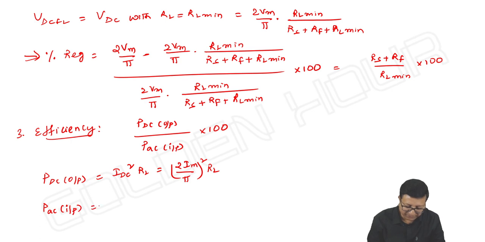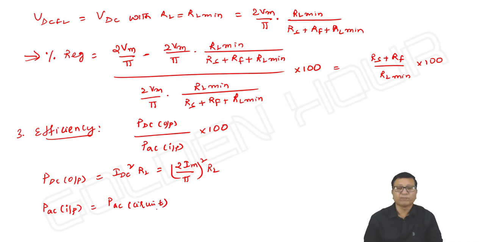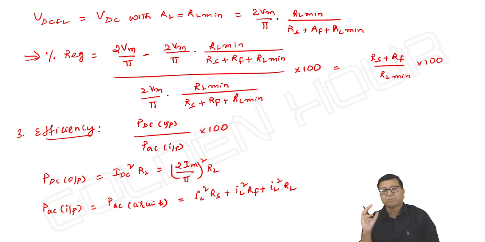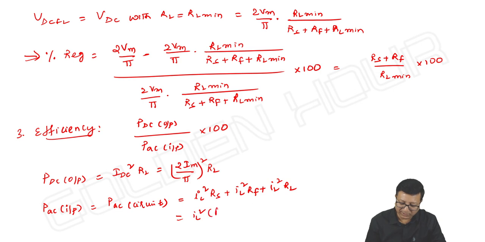Earlier also I told AC input in the sense PAC, circuit power. The power absorbed by all the components of the circuit, AC power absorbed. That is nothing but IL square into RS plus IL square into RF plus IL square into RL. Power absorbed by RS plus power absorbed by the diode plus power absorbed across the load resistor, or power delivered to all these components. I can even write it like IL square into RS plus RF plus RL.